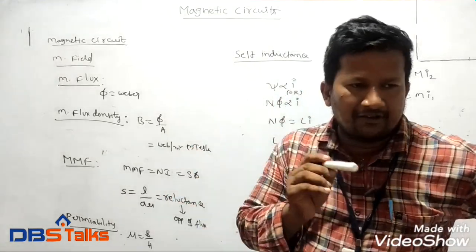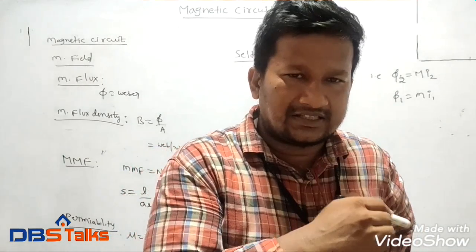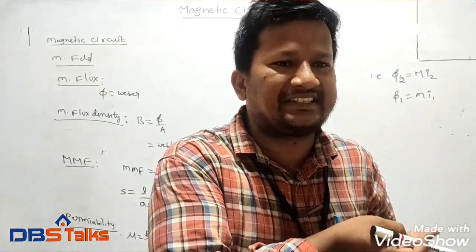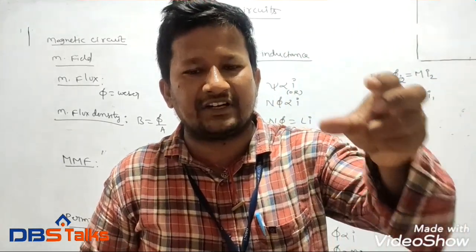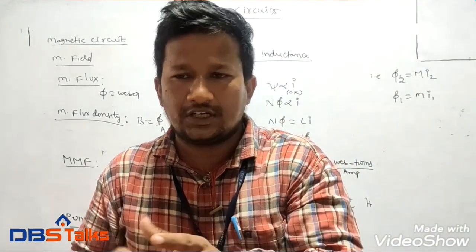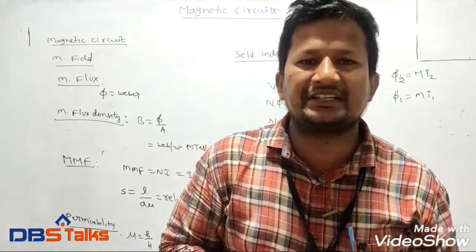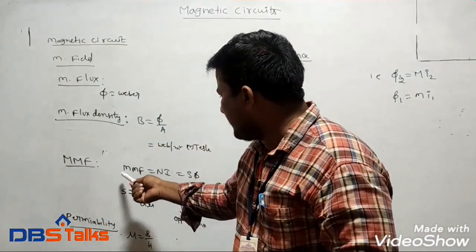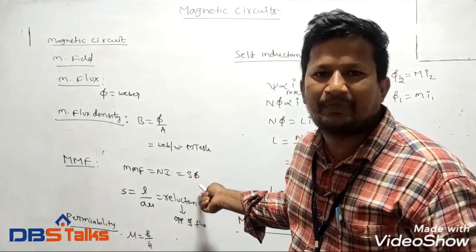Whenever we give supply to a circuit, alternating current flows through the circuit. That current passes through the number of turns. The product of the number of turns and current is the magnetomotive force. MMF is equal to Ni, or we can write it as S phi.